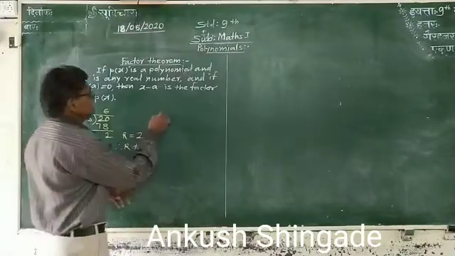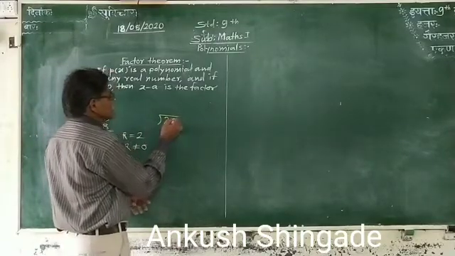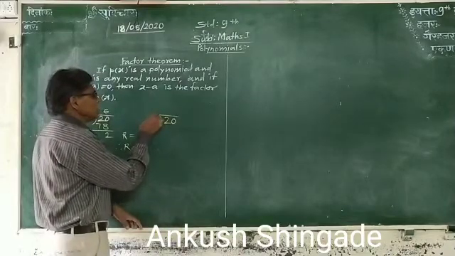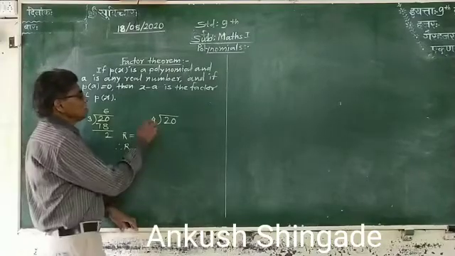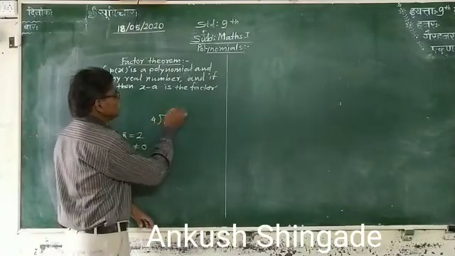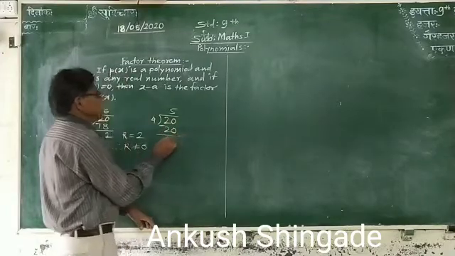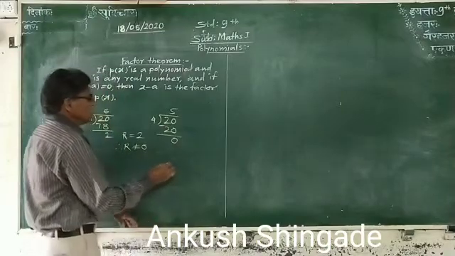Again consider the same number 20. If we divide 20 by the number 4, then 4 fives are 20. Then 20 minus 20 equals 0.